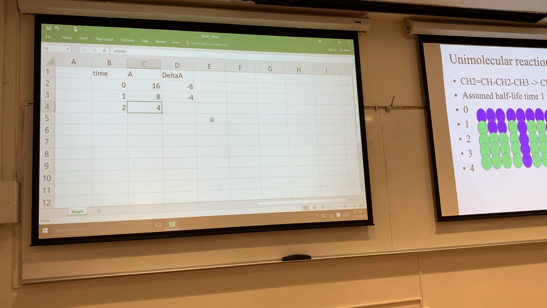So then 4 will be left over here, and of those 4 molecules, what will happen? Half of them will decompose, and then I can go on.